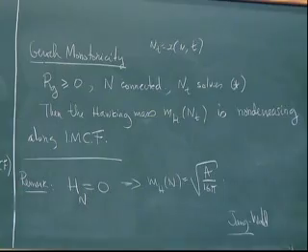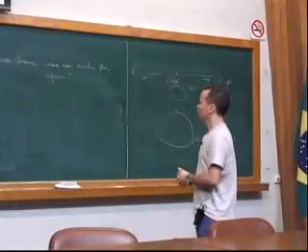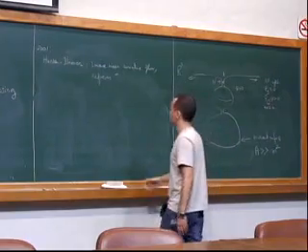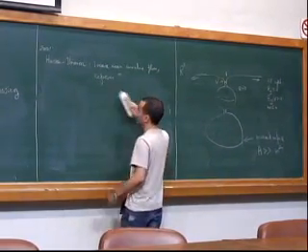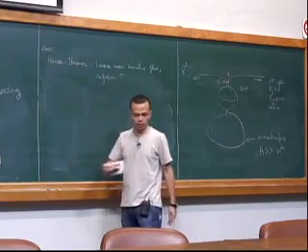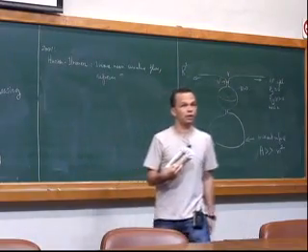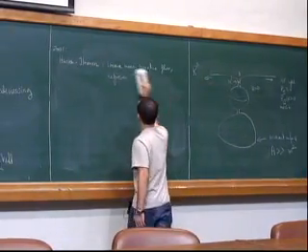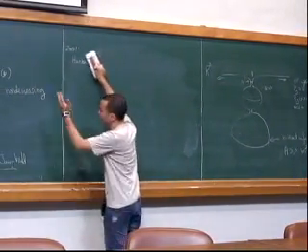But the problem is that there are lots of technical issues, and those were only solved by Huisken and Ilmanen in 2001. So you have to develop a weak formulation of the flow and prove that it does everything that you want.